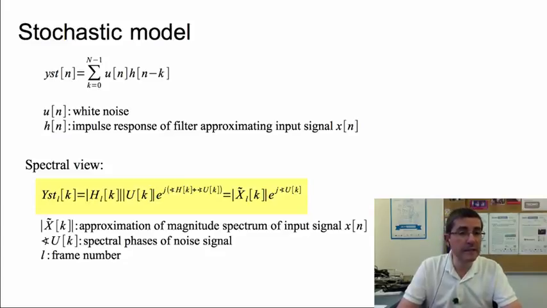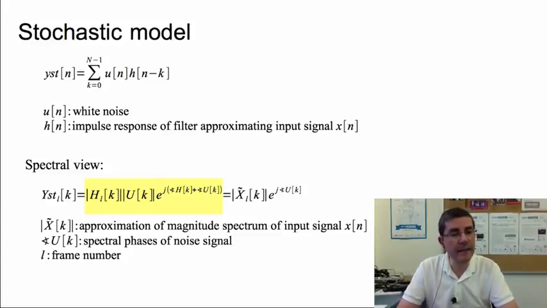And if we express it in polar coordinates, then we can express it as the product of the two magnitude spectra multiplied by the exponential e to the j times the sum of the two phase spectra. Okay, so that's the product of these two spectra.